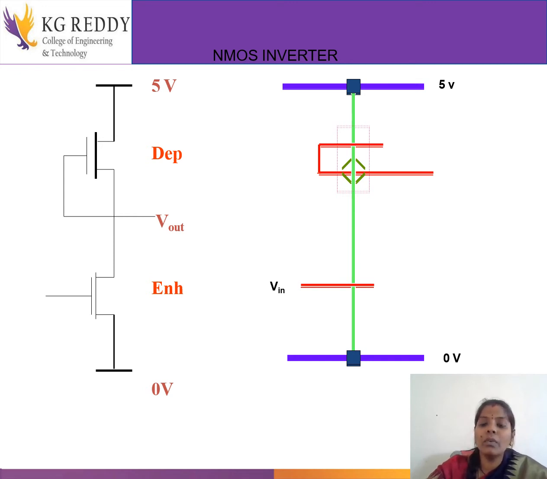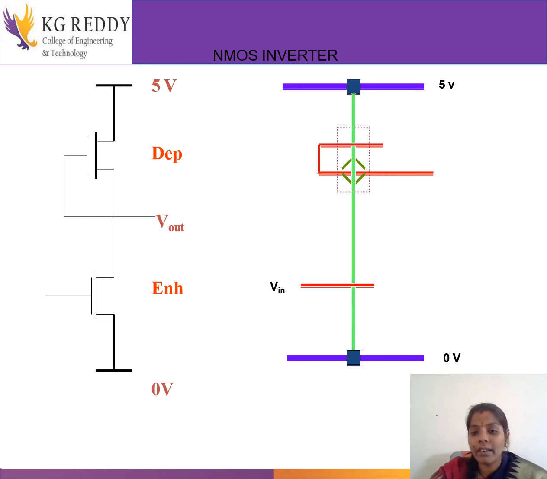Now it is very simple: the gate is shorted here, and here it is shown as the output. The polysilicon is now passing through the diffusion layer. As we know, the source and drain regions can be interchanged, so here this is drain and this is source, and here this can be source and this is drain.